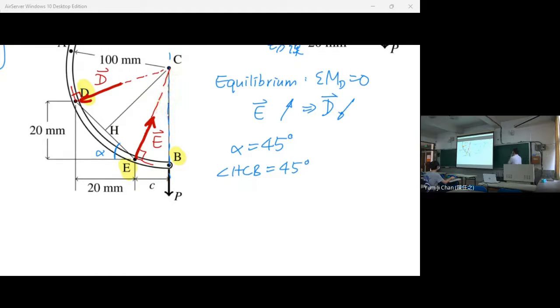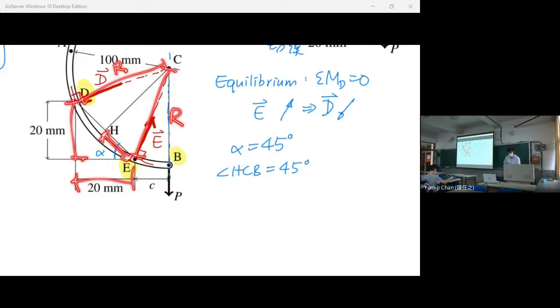Next we need to determine this angle. We know this one is equal to R and this one is equal to R. We sort of know this because this one is 20 millimeter, this one is 20 millimeter.